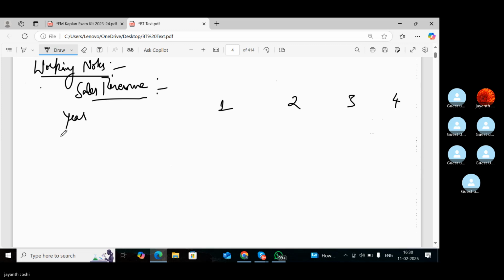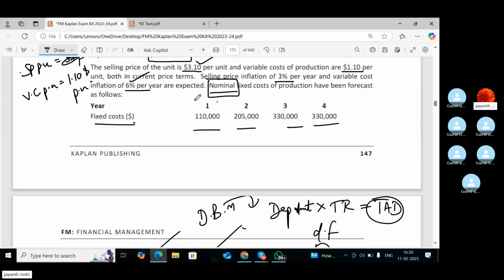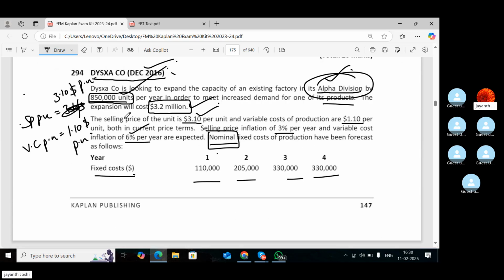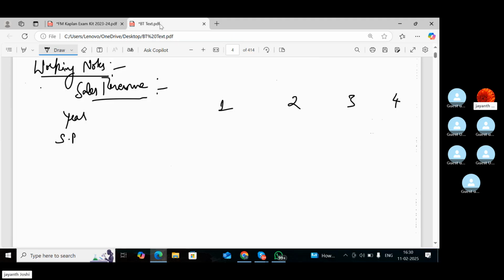Okay. Selling price. What is the selling price given to you? See, make sure you do the calculation in an easy way. Instead of multiplying 3.10 with 8,50,000 and doing the inflation adjustment, better to take per unit cost, do inflation adjustment and multiply directly with the number of units to get the sales revenue. So selling price is how much every year.